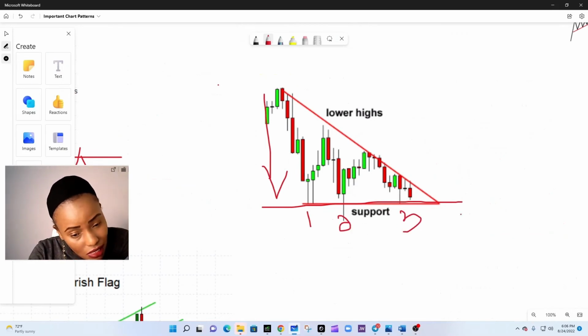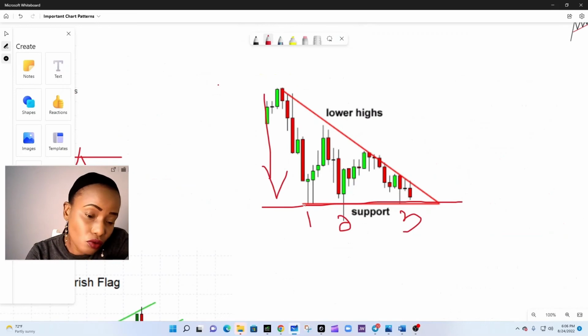And during these touches, price failed to break this price point. So price could not go lower. So you draw your triangle to see how many touches are there in this support area and to see what kind of triangle you're going to form.